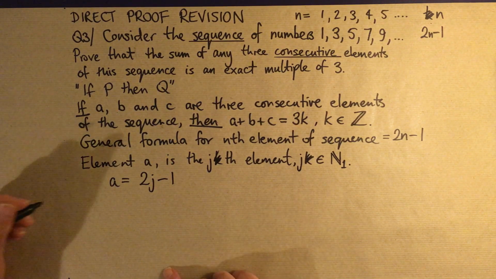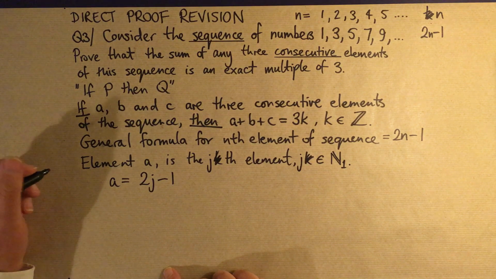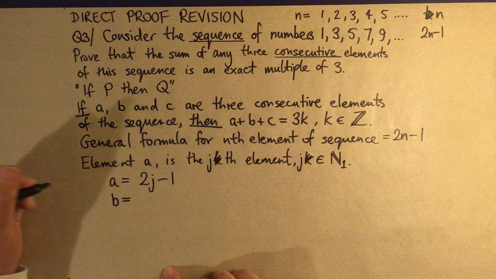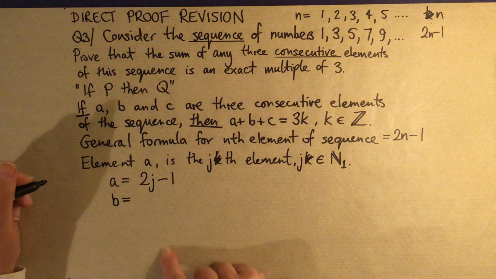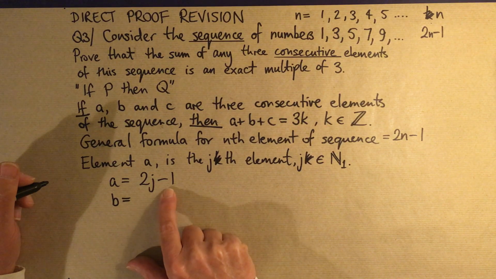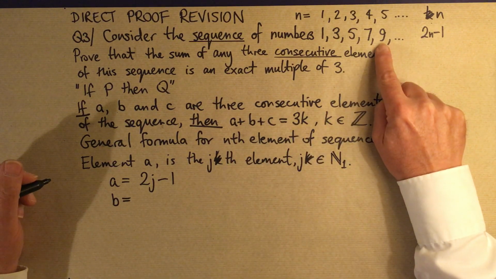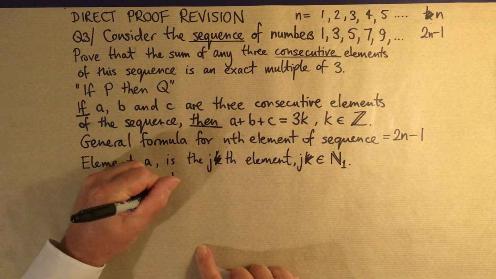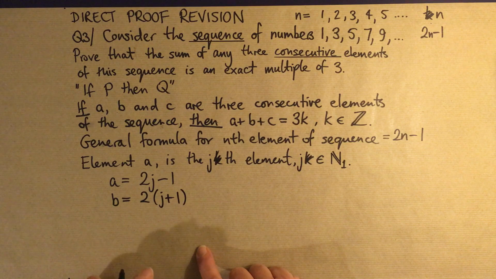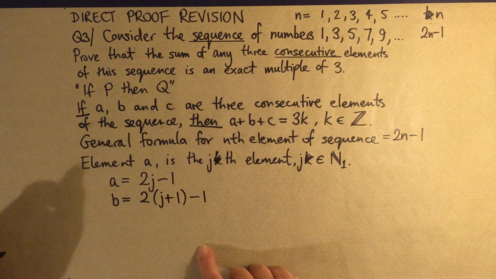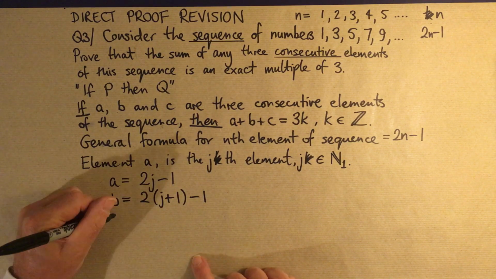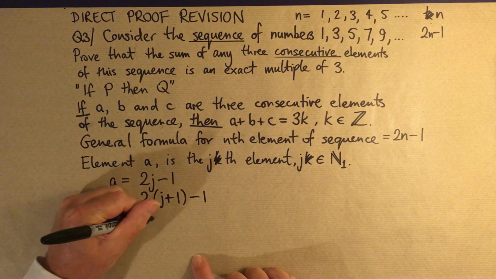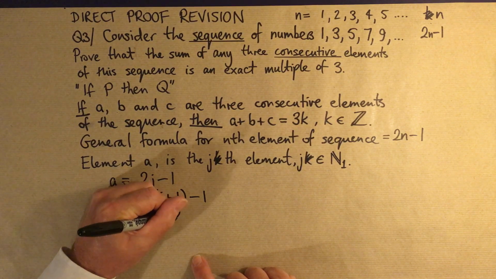Okay. Question is, what will B be? Well, basically, it's going to be the next one after this. How do I get to the next one? Well, I could go by 2 of j plus 1 because B is the next one after it, so therefore it's the j plus 1th element. And C is going to be the j plus 2th element.